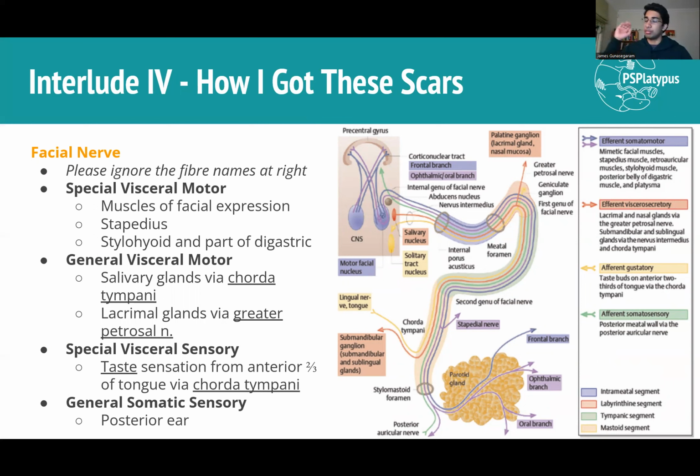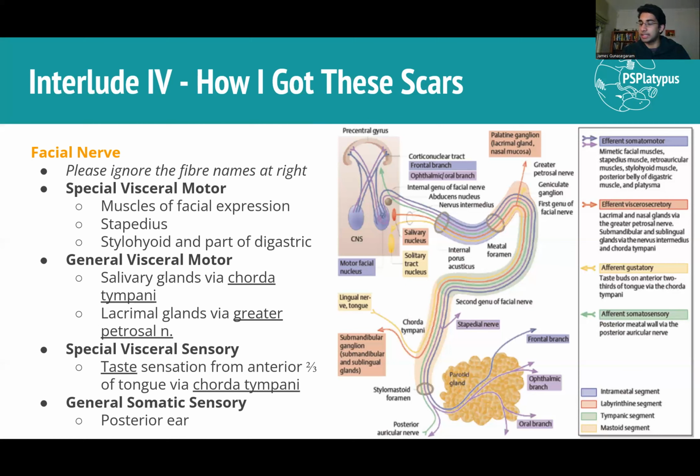So general is boring, old, busted. That's all the stuff you've been learning until now. Special is special. That's basically the stuff on the motor side. It's the muscles that come from the pharyngeal arches, which you'll learn about in the embryology video, hopefully. And so that's most of the muscles in the face region, and some of them in the neck region as well. On the sensory side, it's your senses.